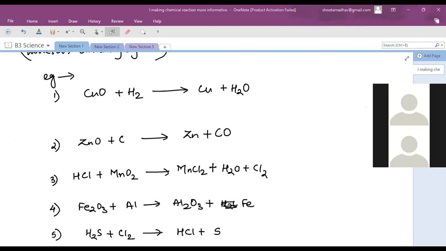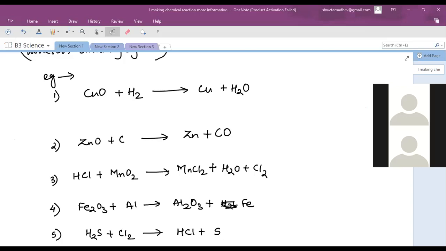Which substance is removing hydrogen from itself? H2S has removed hydrogen and is left with sulfur. So H2S has lost hydrogen. Therefore, H2S is oxidized. Clear? And which is reduced here? Ma'am, chlorine.